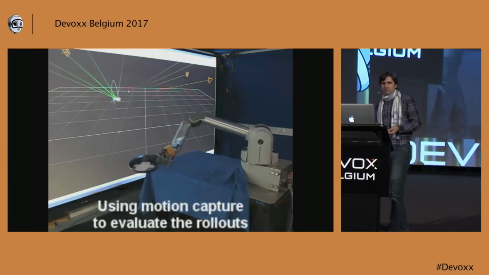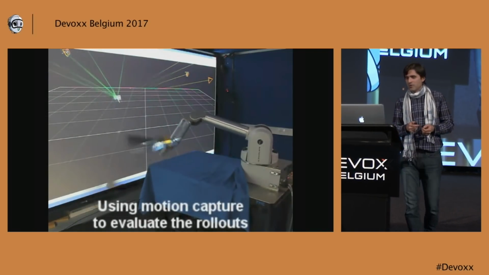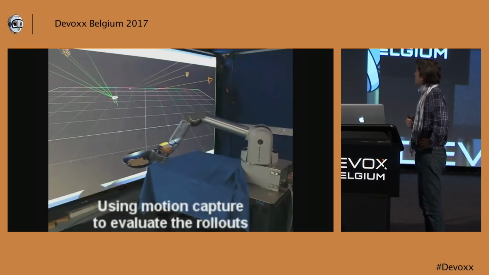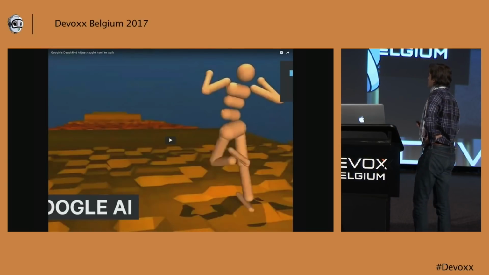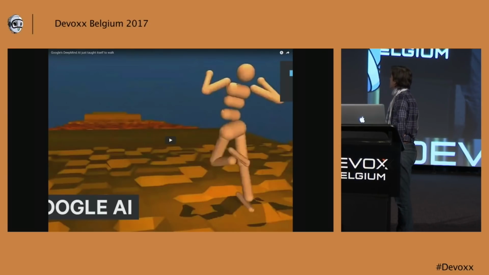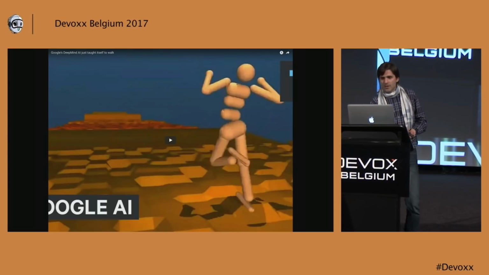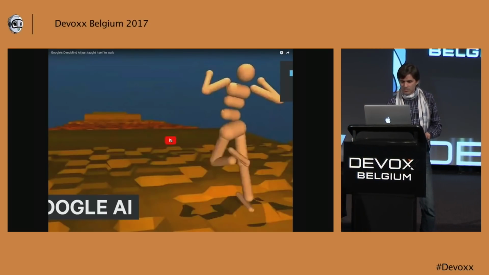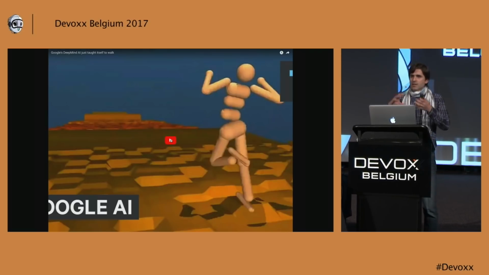So in the same type of learning, we have this example from DeepMind. So DeepMind built a model where they used various skeleton structures and taught them to walk. So here the reward is simply if it falls down, ding on the head.